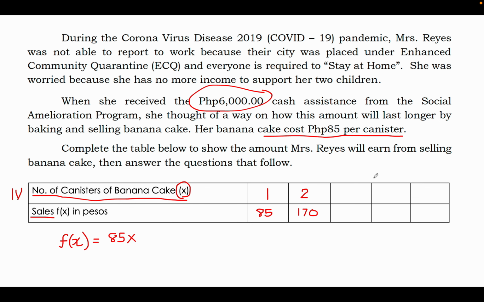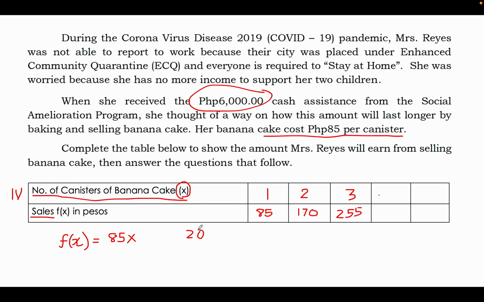Okay? So, kung 3 lang, mag-add lang tayo dito ng another 85. So, that means 255, tama? O, 255. And so on and so forth, kung ipagpapatuloy natin. So, what if nakagawa siya ng 20 canisters?